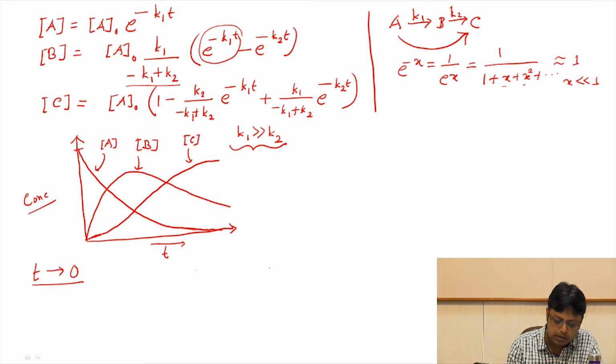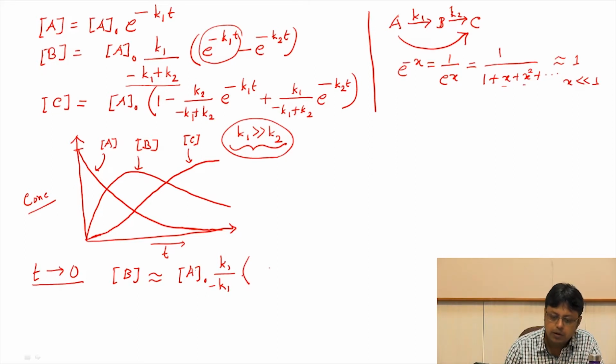Now you see here, when t tends to 0, and we also have the condition that K1 is much larger than K2, the concentration of B will be proportional to A0 into K1 by minus K1, because K2 we are ignoring, times e to the power minus K1t and e to the power minus K2t. Now t goes to 0 and K2 is also very small, which means you can ignore e to the power minus K2t, approximating it to be equal to 1.